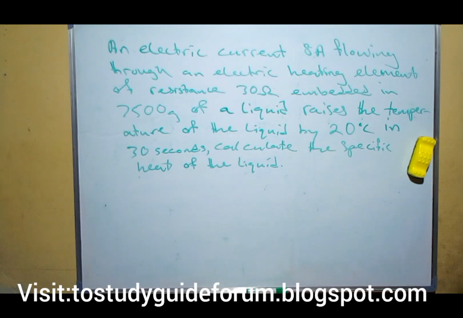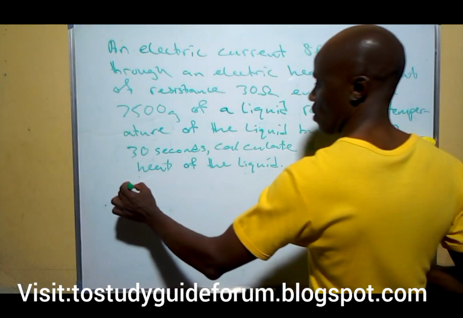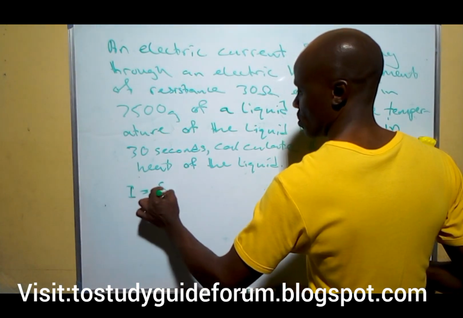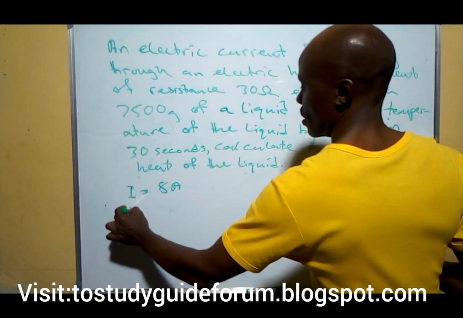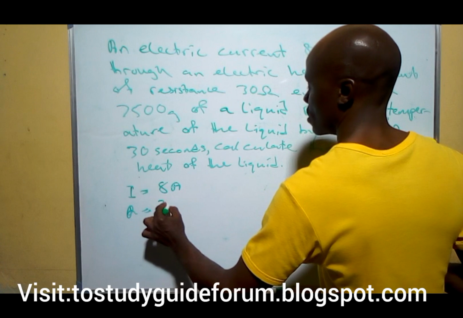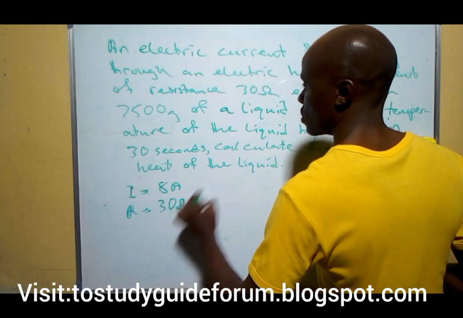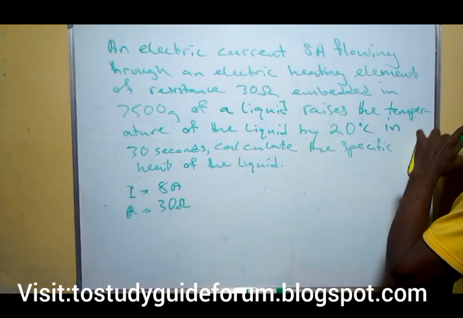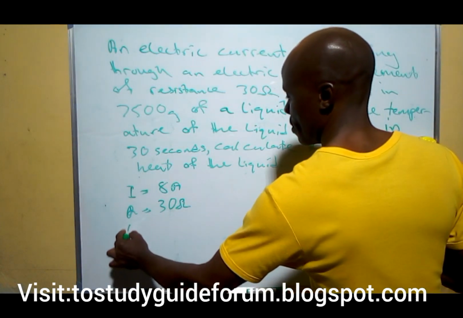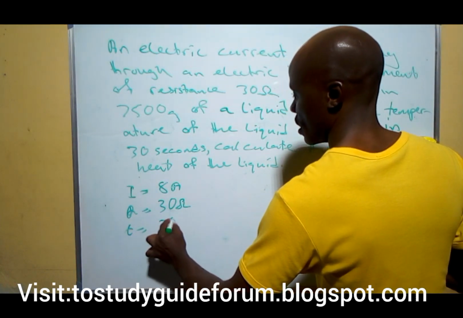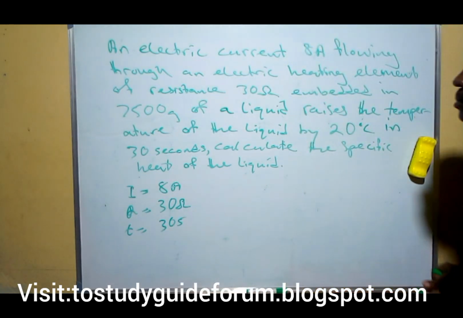Now, the information we have here: the current is 8 amps. The next one is the resistance, which is 30 ohms. The next one is time, which is 30 seconds.